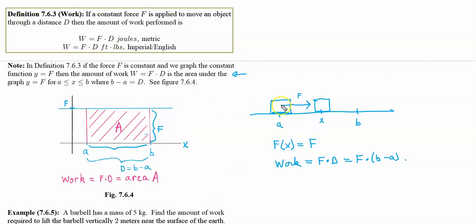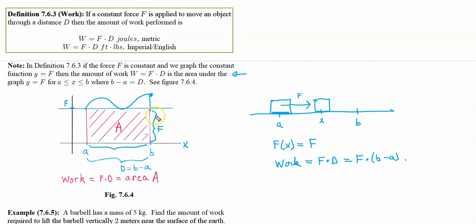Okay, so that's a very important concept to understand, because, as we'll see later on, suppose this force varies. Suppose the force varies as we move the box across the floor. Suppose at first the box, it's rather difficult to push, and then maybe we hit a slick spot in the floor and it's a little bit less difficult to push, and then maybe it hits a spot that's a little bit more difficult to push through. So in other words, suppose our force function is variable. Maybe it would look like that. Well then, what would the work be?